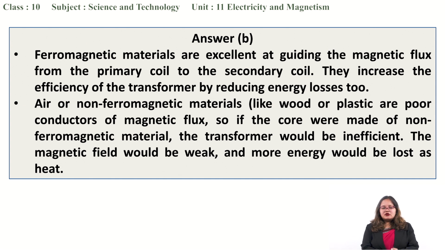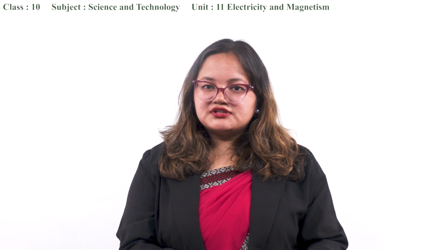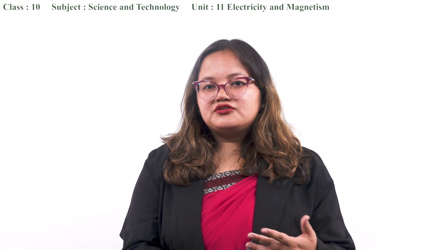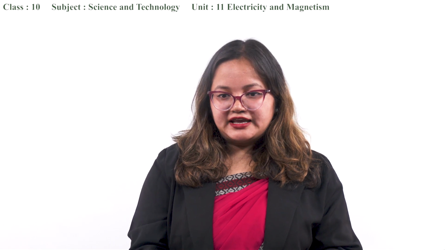So unlike the ferromagnetic materials, these poor conductors do not strengthen the magnetic field as well, and in return the transformer will be inefficient. The magnetic field would be weak, and much more energy would be lost as heat energy. Okay. So talking about the construction, we can simply answer these questions. You can again repeat the question and try to solve it again.